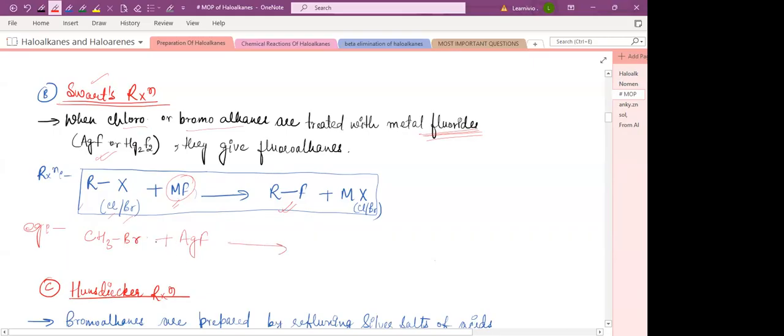What will be the product? The bromine is exchanged by fluorine. So you will get CH3F, fluoromethane, plus AgBr as a byproduct. That's the Swarts reaction, for the production of fluoroalkanes. Got it?